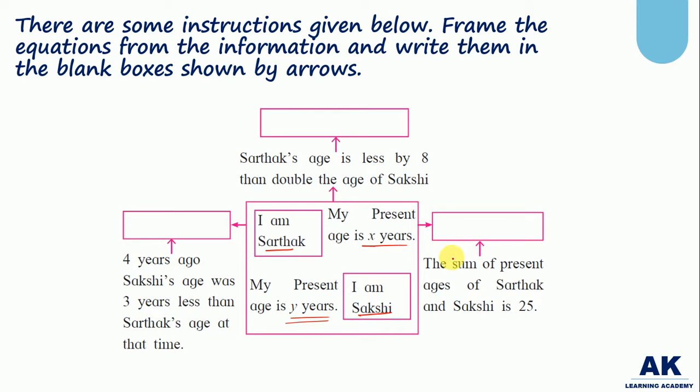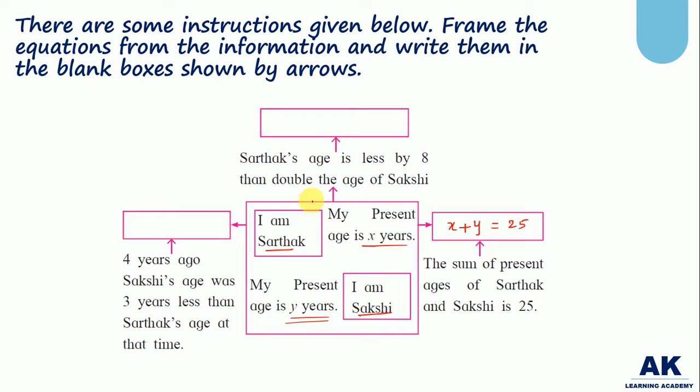Therefore the sum of the present ages of Sarthak, X, and Sakshi, Y, is 25. Next, Sarthak's age is less by 8 than double the age of Sakshi.